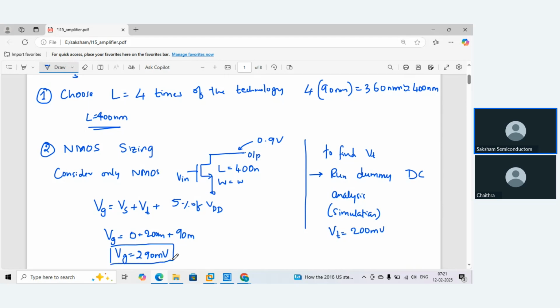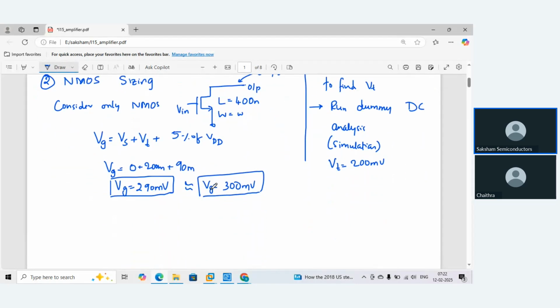So that would be my Vg, or I can say approximately I can make it 300 millivolts. So for Vg equal to 300 millivolts, let us now sweep the value of W.